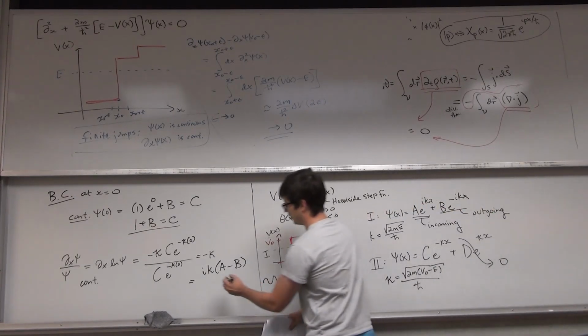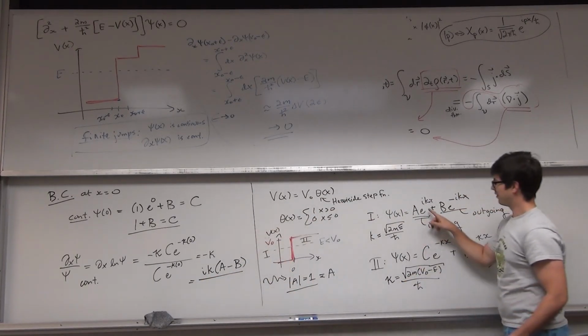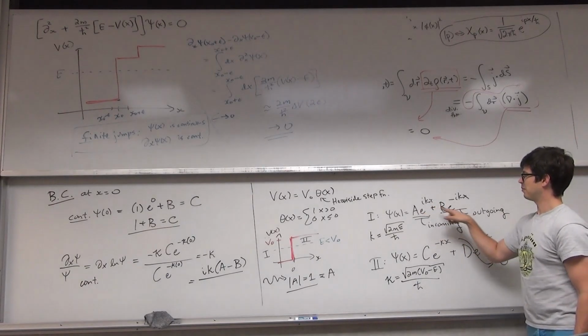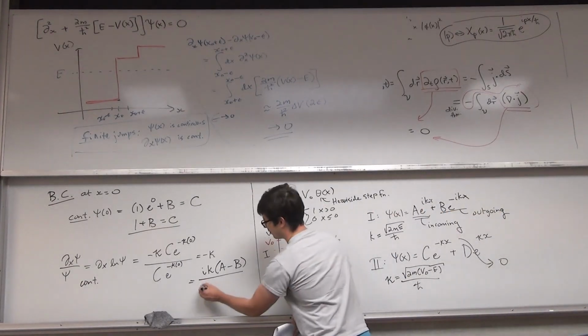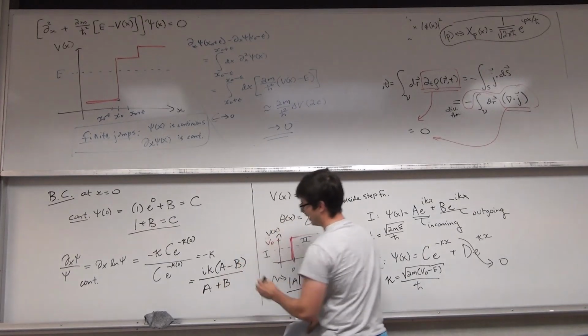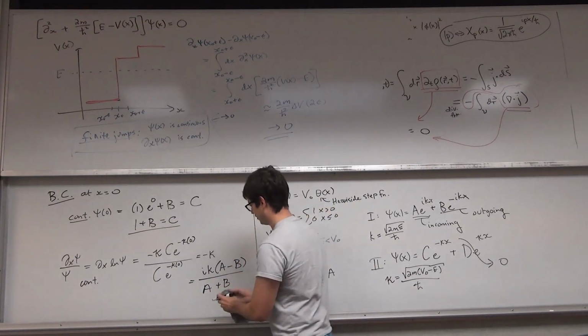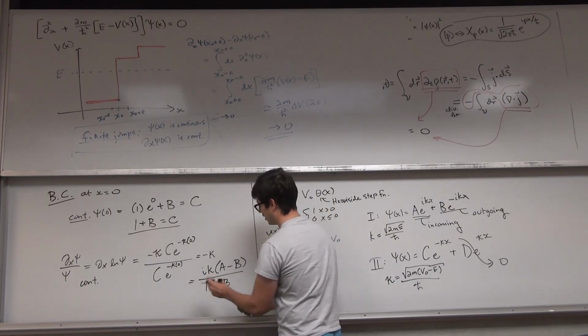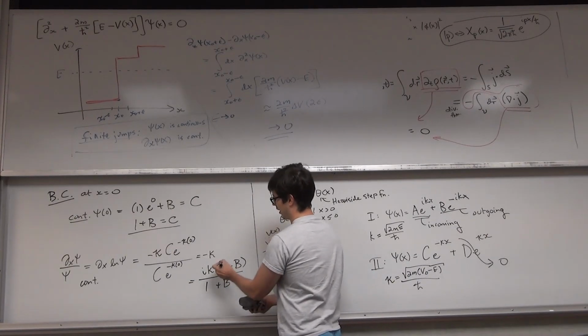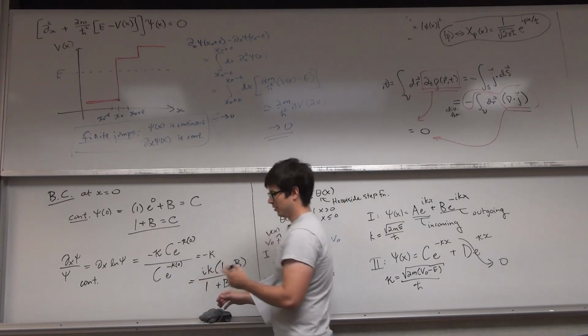And we divide through by just this function evaluated at x equals 0, which is a plus b, like this. And we already set a equal to 1, so you have 1 and 1. Okay.